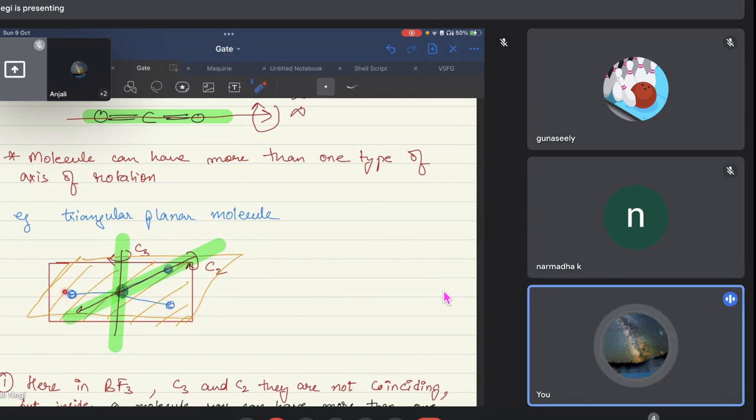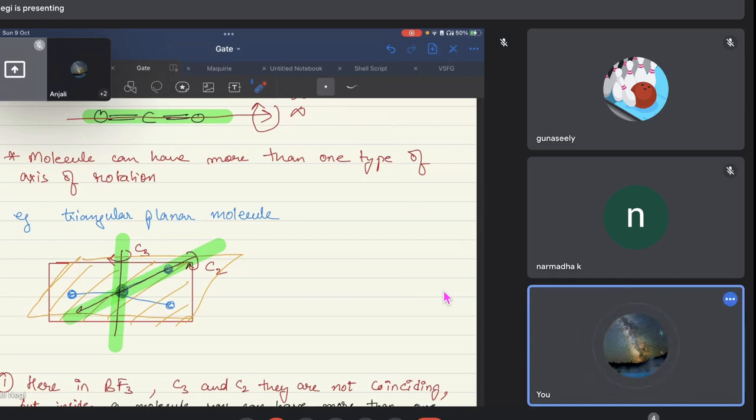We have 1, 2 and 3 atoms here and one atom placed in the center. This particular axis passing through the atom in the center is a C3 rotation. How? Because I am doing a rotation of about 120 degree, correct? So this is a C3 axis of rotation. I am getting an indistinguishable structure at each 120 degree rotation.